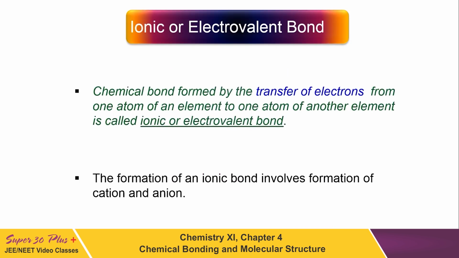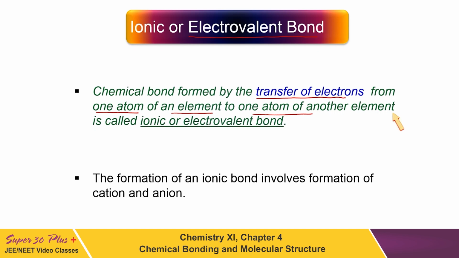Like I said, ionic bond is also called electrovalent bond. So a chemical bond is formed by the transfer of electron from one atom of an element to a different atom of another element.